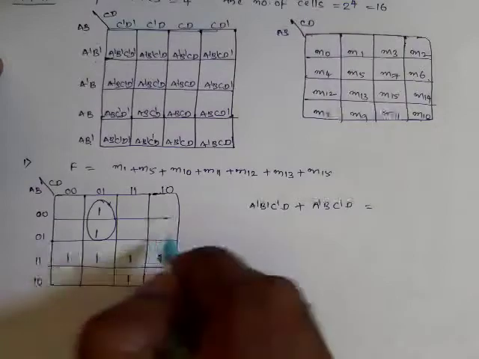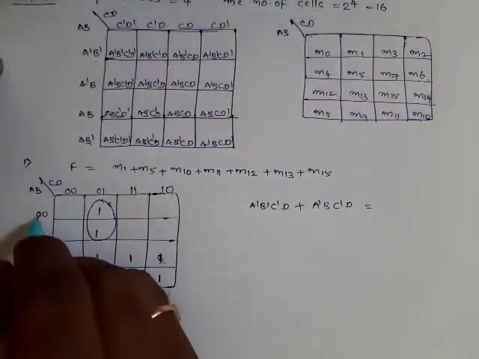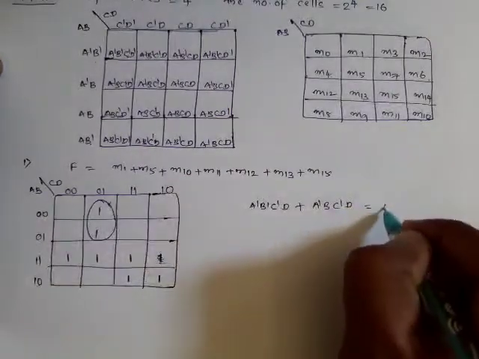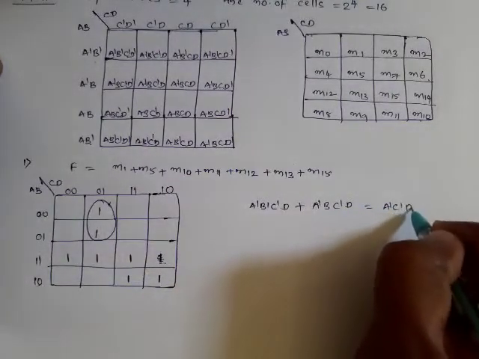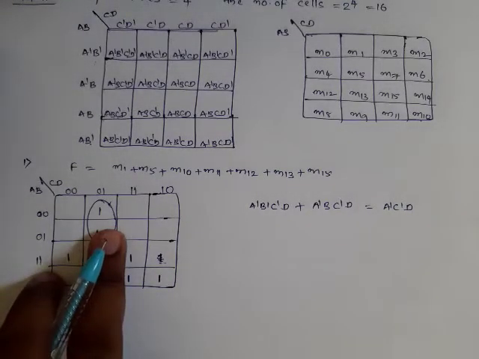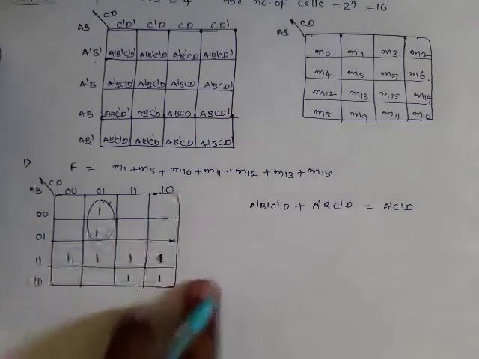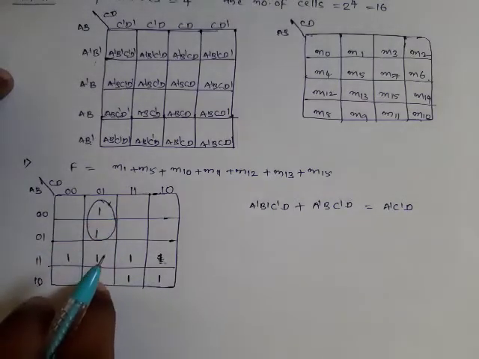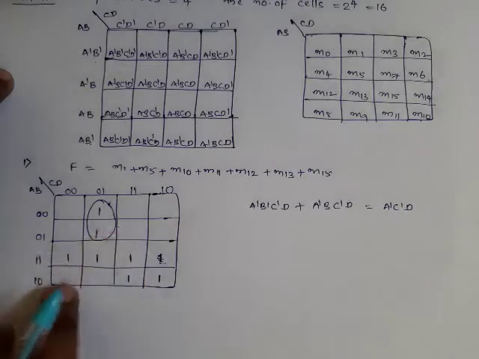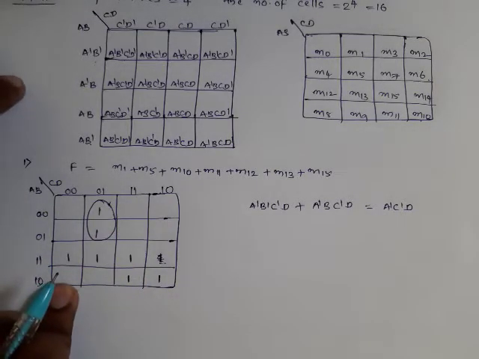The variables which are not changing are a bar and c bar d. So a bar c bar d is the term that is generated from this loop. We have finished one loop.